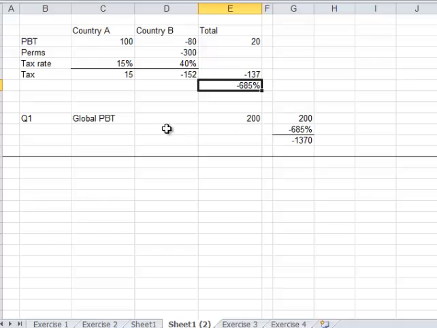And so what Carol, I think, is saying is, okay, so let's say that in Q1, my income was $100, right? So what should be my Q1 provision? Should it be that I just take $100 times a negative 685% and get a negative $685 provision?